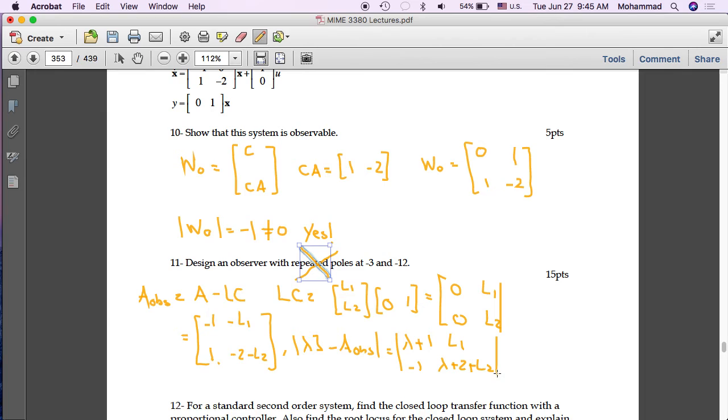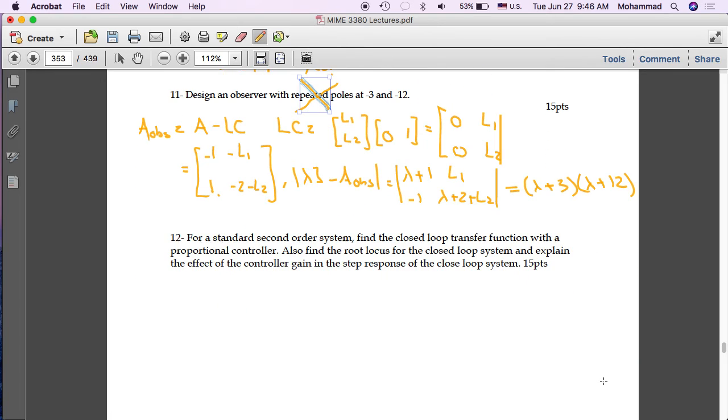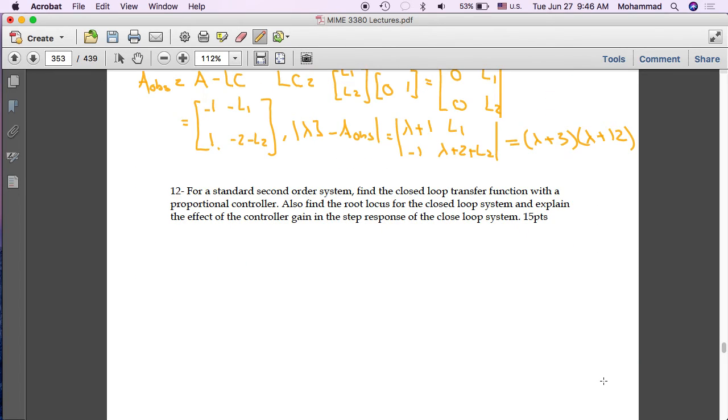You calculate the determinant, find the polynomial, and make sure this polynomial equals lambda plus 3 times lambda plus 12 by equating the coefficients of lambda to power 1 and lambda to power 0. Once you equate that, you will get L1 and L2, which is the end of the design of the observer. So I'll let you finish that.